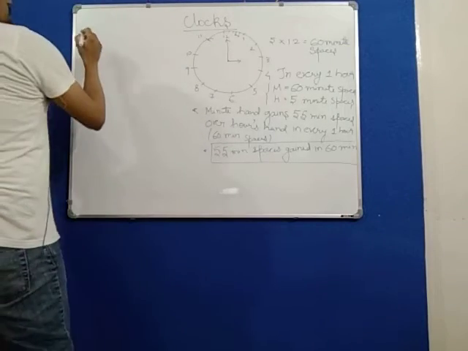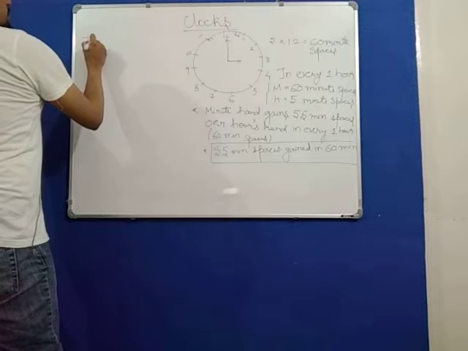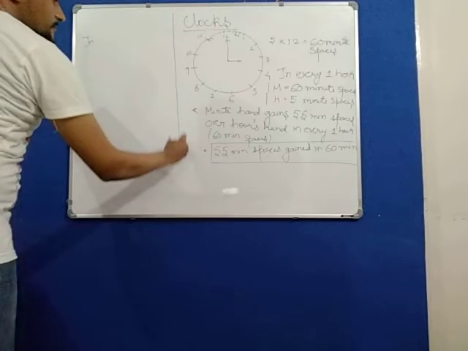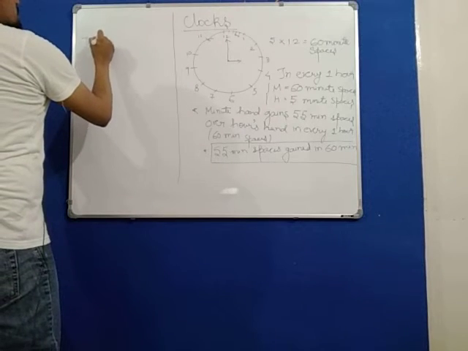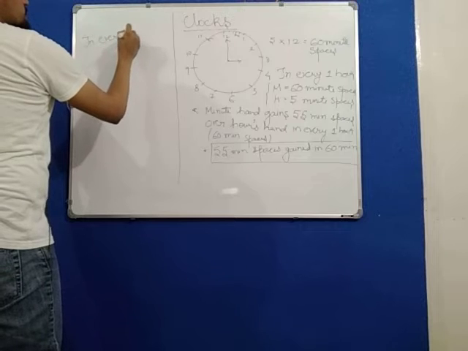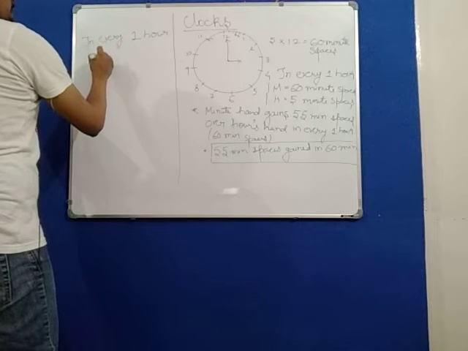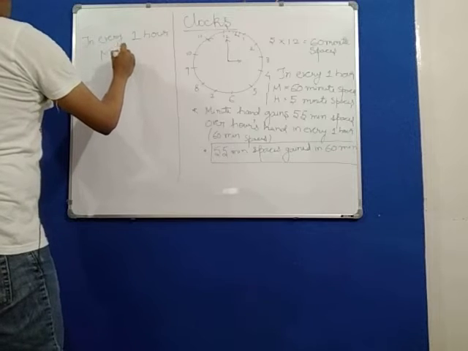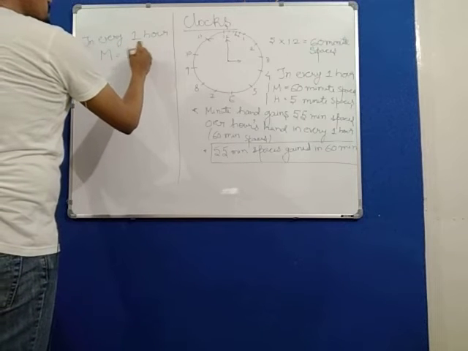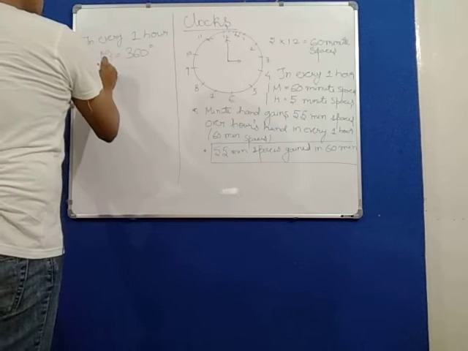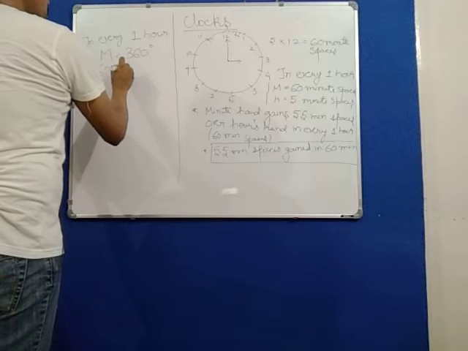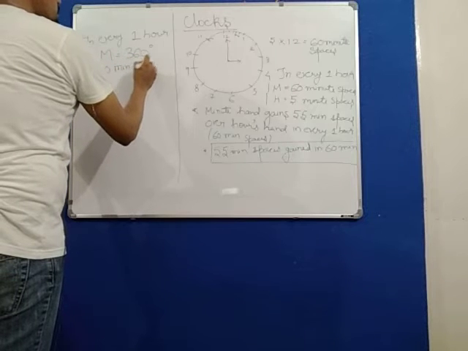The second concept is that in every 1 hour, the minute hand will travel 360 degrees. That is, in 60 minutes the minute hand covers 360 degrees.